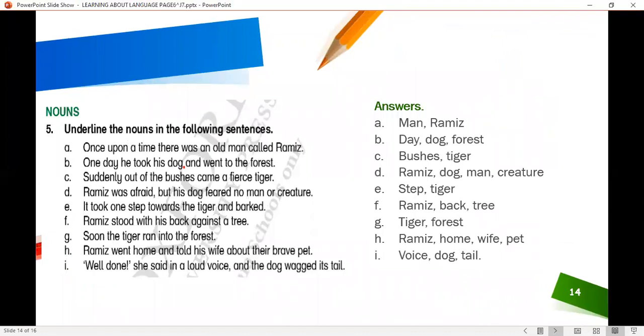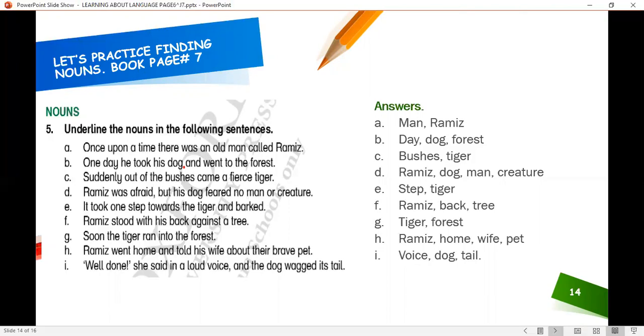Now let us find the nouns from your book, page number 7. Under the heading of nouns, there is a question: underline the nouns in the following sentences. Keep the definition of noun in your mind and find out the nouns in the sentences.